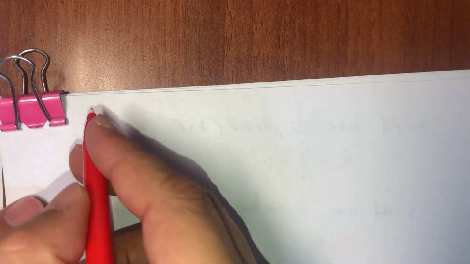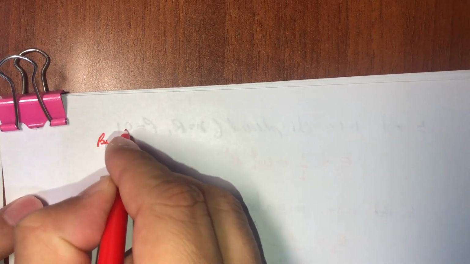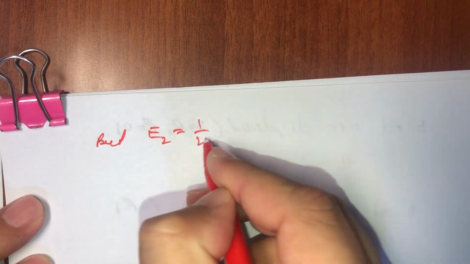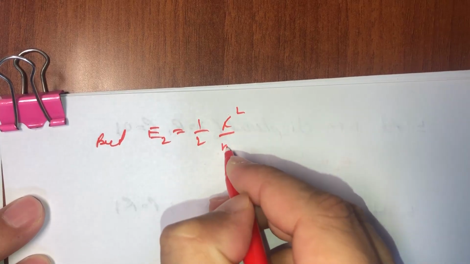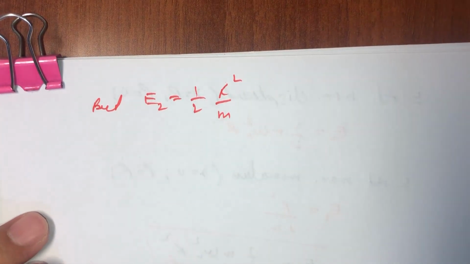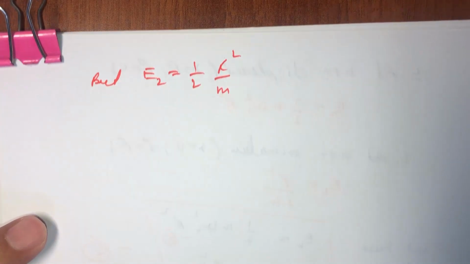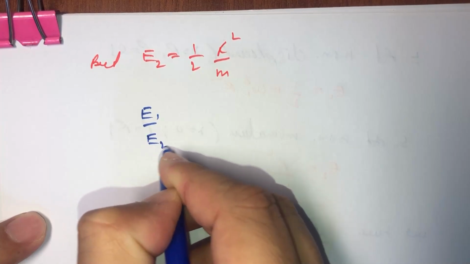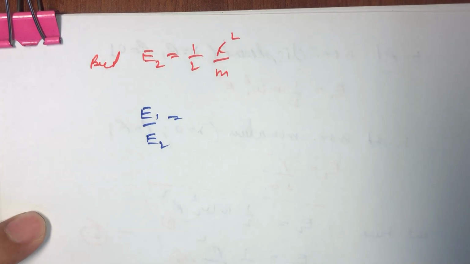So therefore, simply dividing them, we can write that E1 upon E2 is equal to half r square m square.